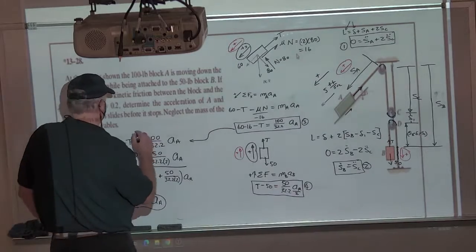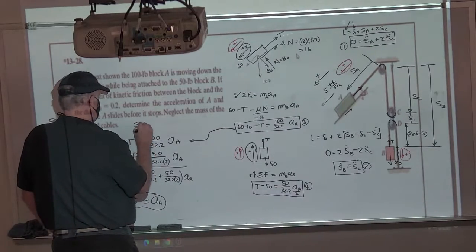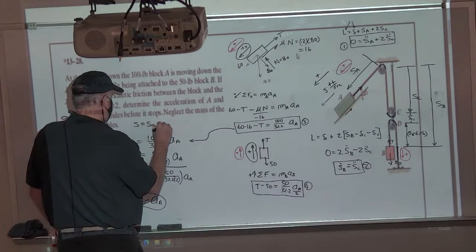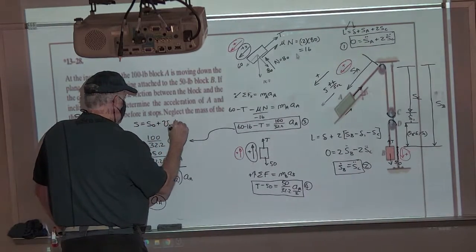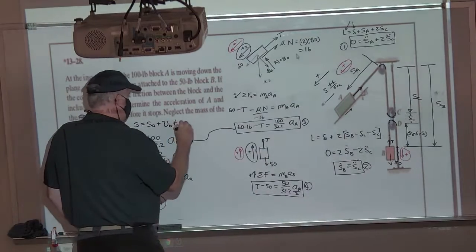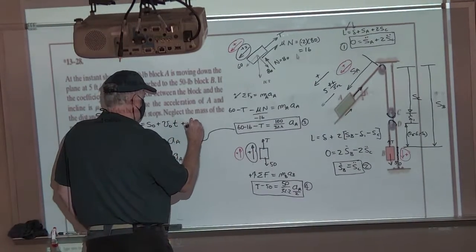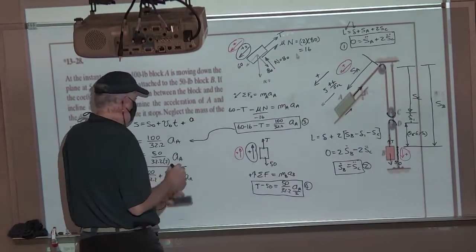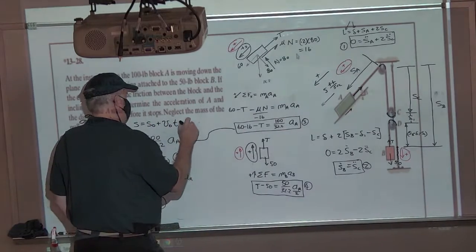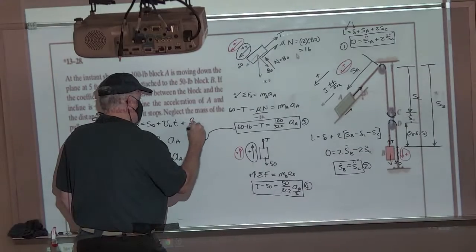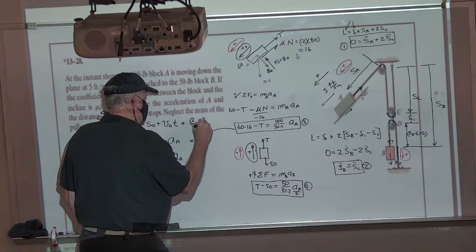If it's a constant acceleration, S equals S naught plus V naught T plus acceleration, usually, I can't remember if they put a subscript here, over 2 t squared.